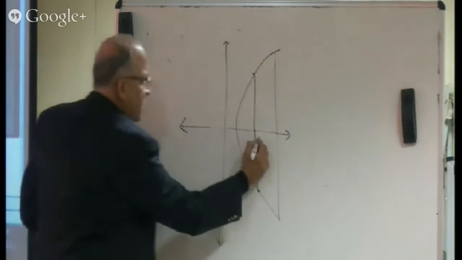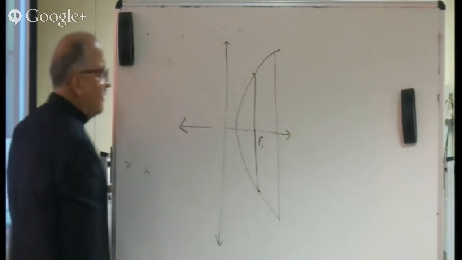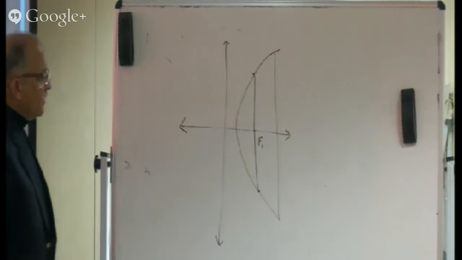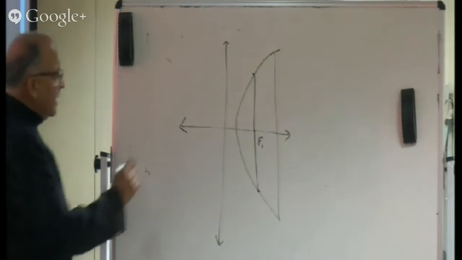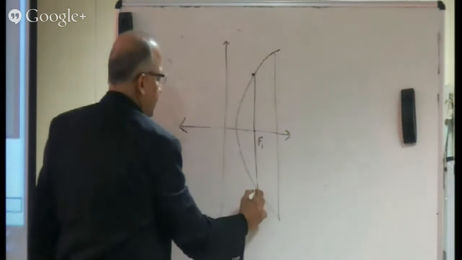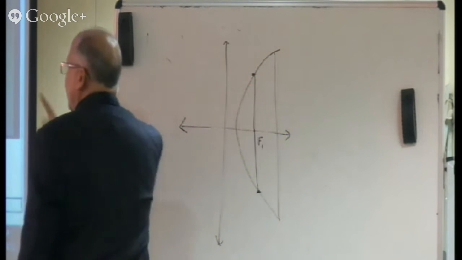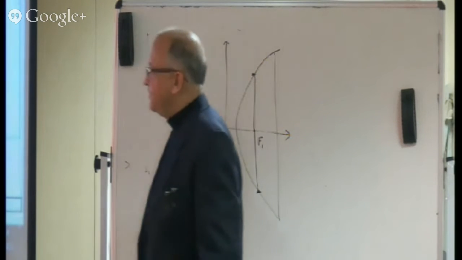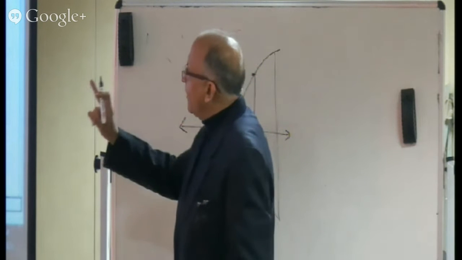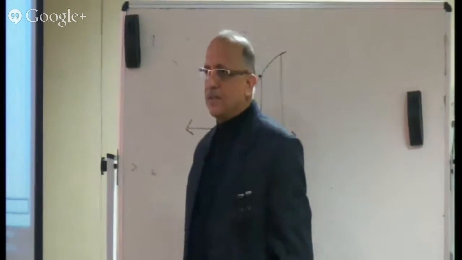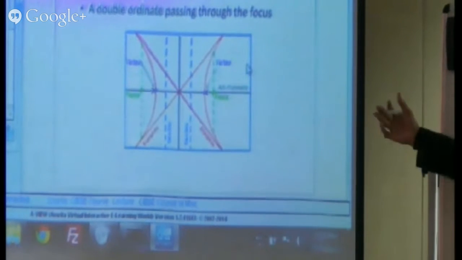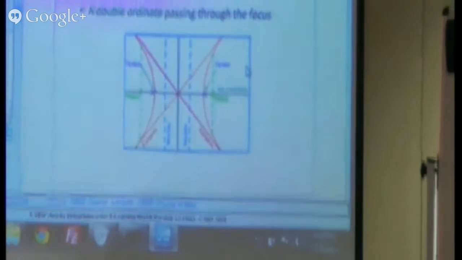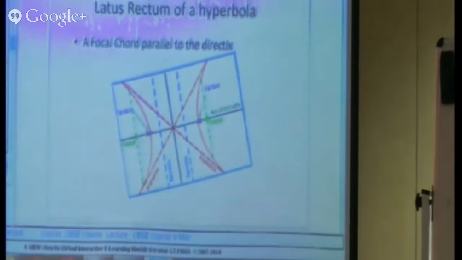So if this is the focus, let's call it F1. This is a double ordinate passing through the focus. This is called the latus rectum. As we see in the definition here, a double ordinate passing through the focus is called latus rectum. But we can define it in some other way also, as we see in the next slide. It's a focal chord parallel to the directrix.